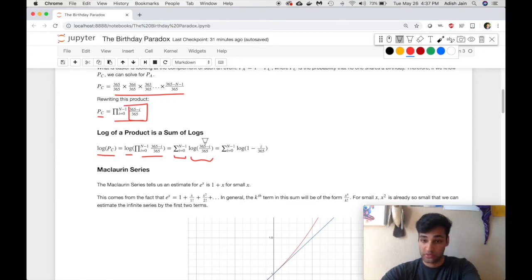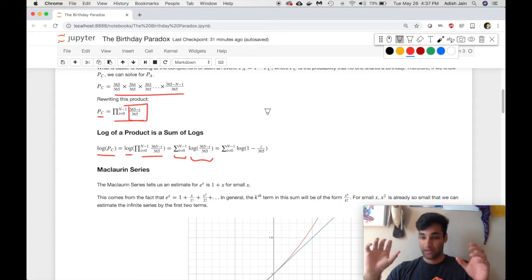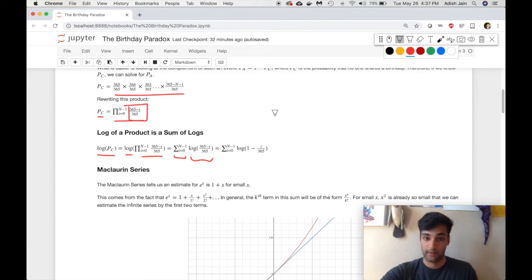And this holds for basically any product that you take a log of: it becomes a sum of logs of each term. Okay, and this last step, we've just rewritten this fraction as 365 over 365, which gives us that 1, and then minus the I over 365. And that gives us the final term here.